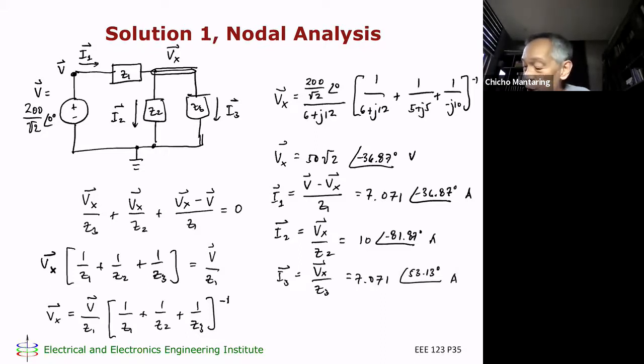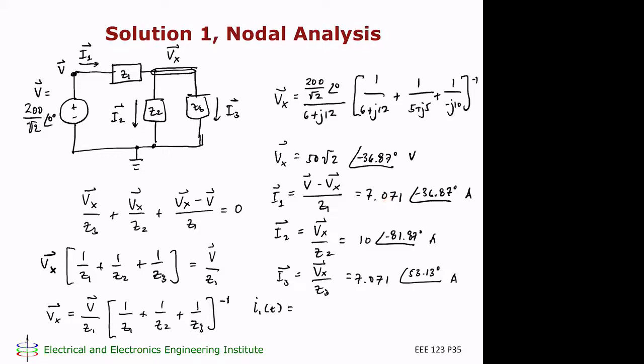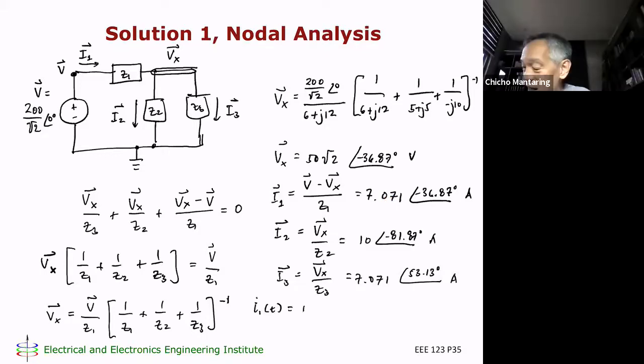So ano magiging I1 of t? Ito, multiply ko ng, what do I multiply this with? Square root of 2. That's right, no? So this is 10, because 7.071 times the square root of 2 is about 10. 10 cosine 10t minus 36.87 degrees amperes.